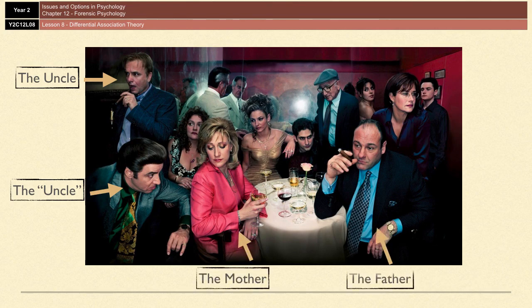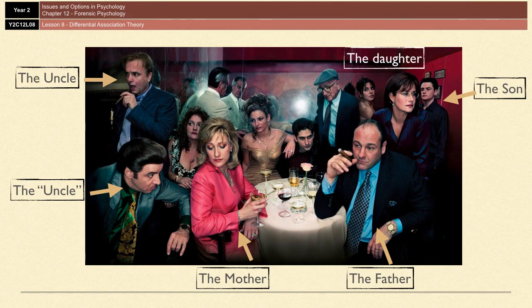So this is the kind of setup. It's obviously a very extreme setup, but just to illustrate that the people who are around, those nearest and dearest, they're all part of the crime family. They all have certain attitudes towards the crimes. They all have certain expertise, and they all carry out criminal behaviours because they are all part of the criminal family.